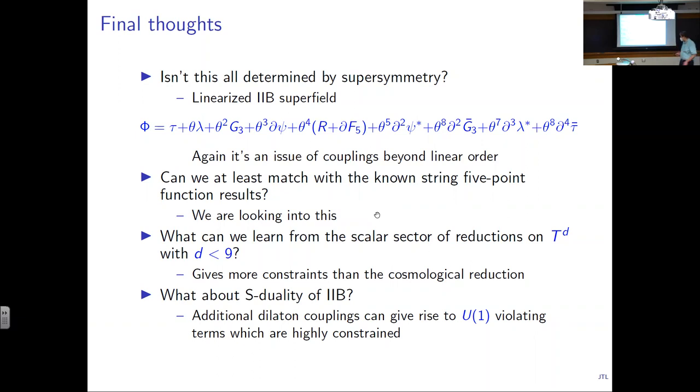So we know a lot of things, and this is Michael Green's story. We do know a lot of things using sort of S-duality. But I haven't seen any sort of complete S-duality, T-duality, and supersymmetry all at the same time. S-duality and supersymmetry, yeah, that's also been discussed.